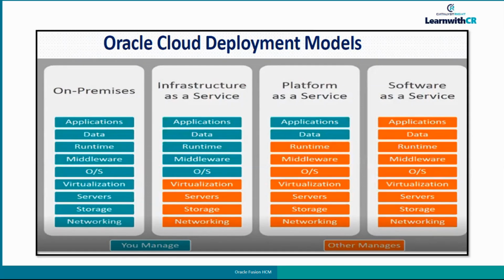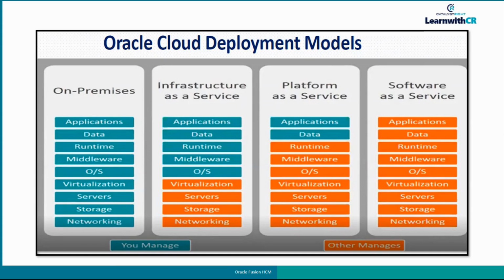Now, in order to maintain the data, we require some sort of data centers to keep that data. Even in our own scenario, when we purchase a mobile, we require some storage in our mobile to keep our photos or videos. Similarly, the Oracle Fusion system also requires some sort of storage in order to access the system or perform actions on that system itself.